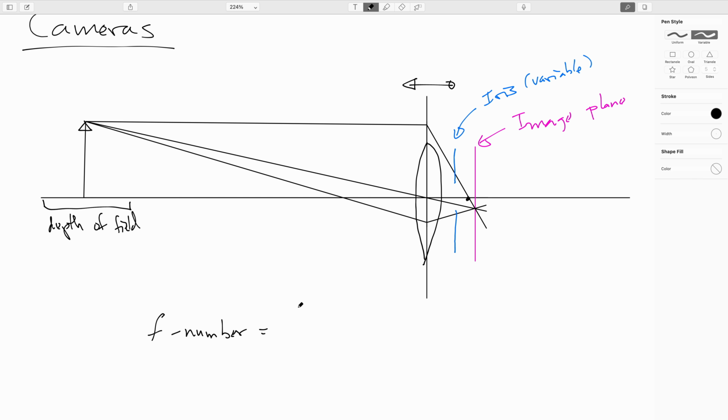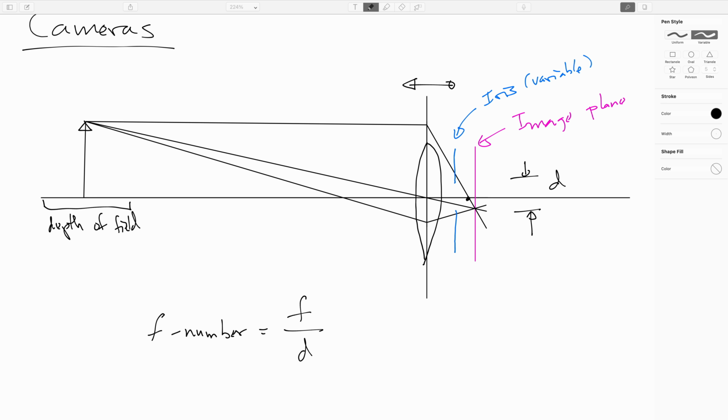And so it's equal to the focal length of the lens divided by the diameter of the aperture. So the smaller diameter of the aperture, the larger the F number, the bigger the aperture, the smaller the F number.